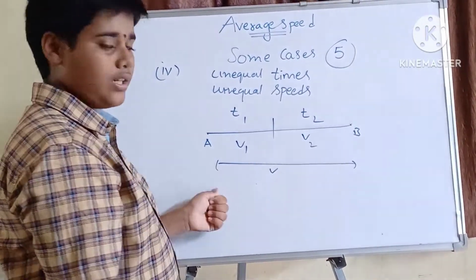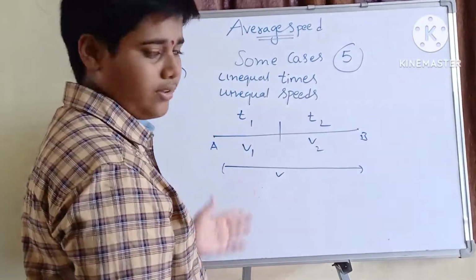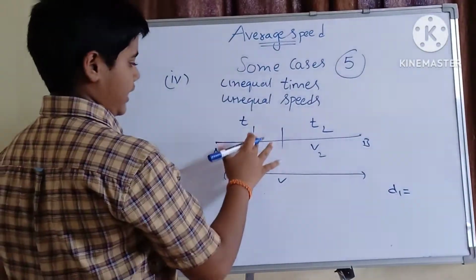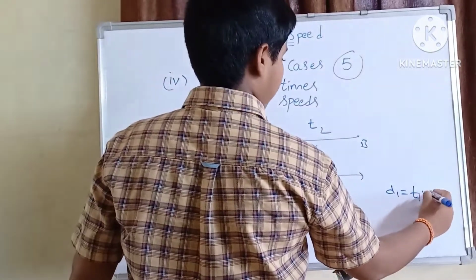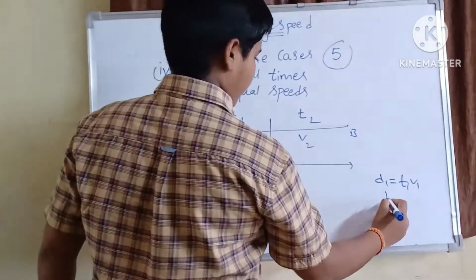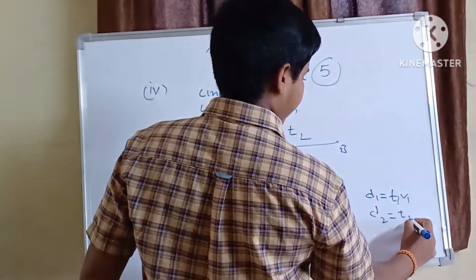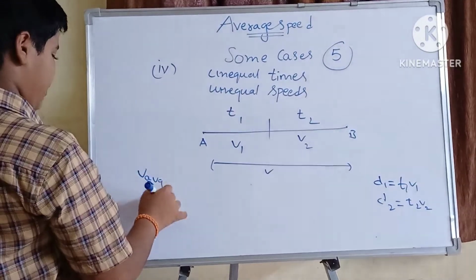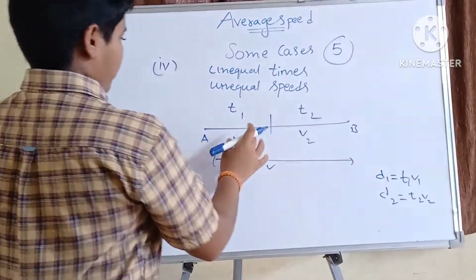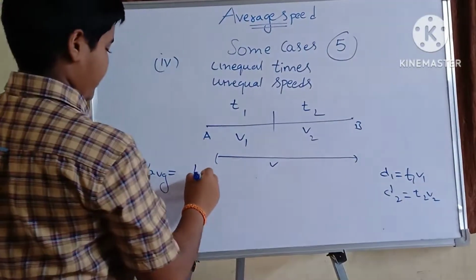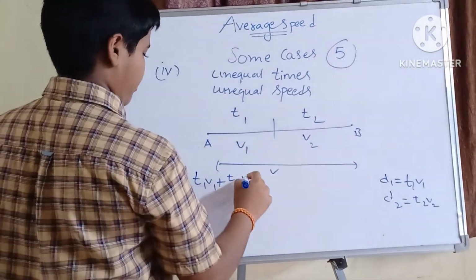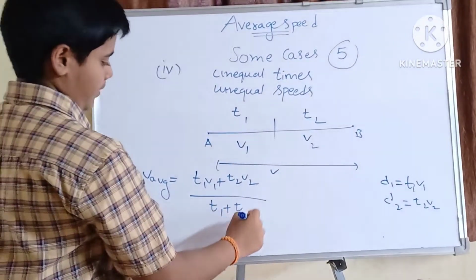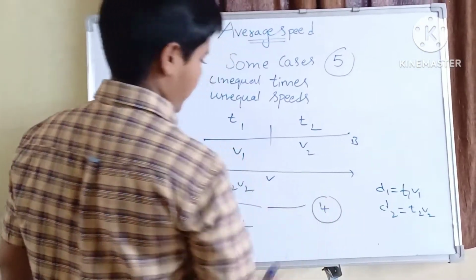The formula is total distance by total time, but since distance is not given, D1 is equal to T1 V1 and D2 is equal to T2 V2, we have to multiply. So V average is equal to total distance, T1 V1 plus T2 V2, by total time T1 plus T2. This is the fourth formula.